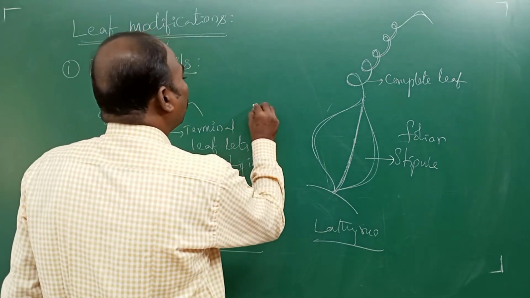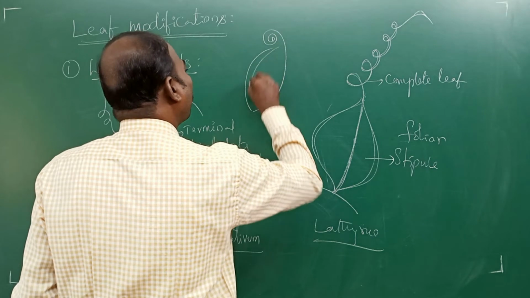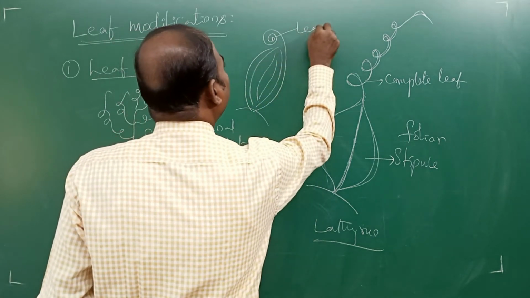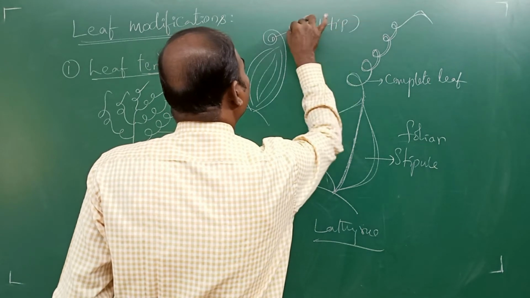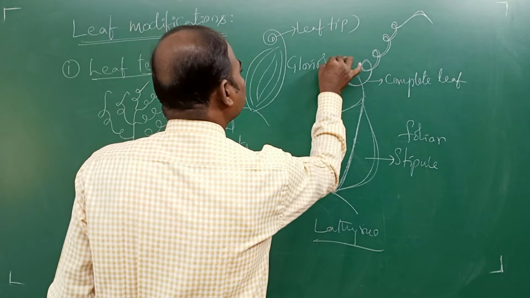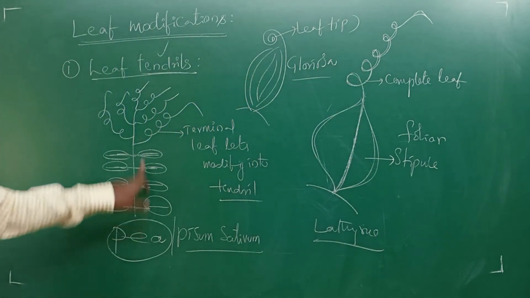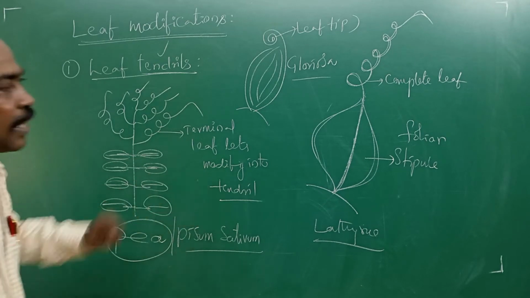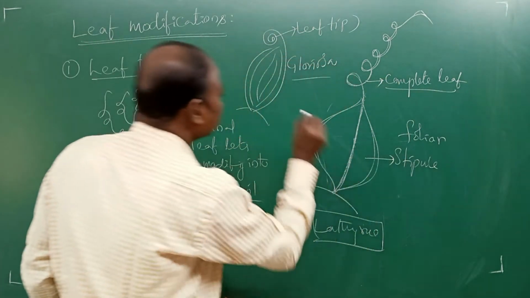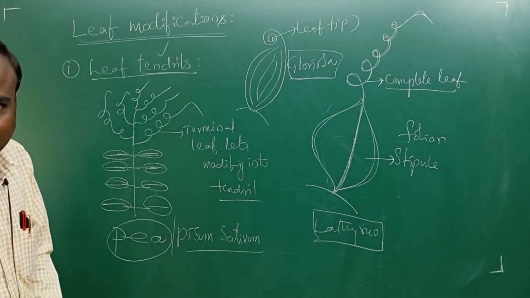Whereas in Gloriosa superba, the tip of the leaf is modified into a tendril. Here in the pea plant, terminal leaflets are modified into tendrils. Here the complete leaf is modified into a tendril in Lathyrus. In Gloriosa, the tip of the leaf modifies into a tendril.